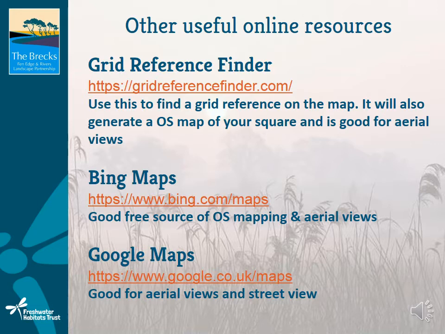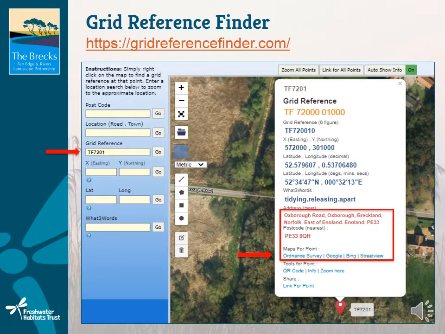You've also got Bing Maps, which is a good source of free online OS mapping and aerial views, and Google Maps, again really good for aerial views. And also this has Street View as well, so if you're going to an area where you want to see there's a stream under a bridge, for example, you can have a look before you actually go. So again, very useful.